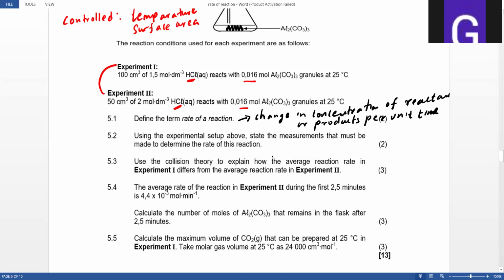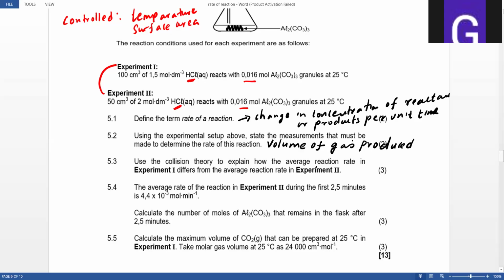Obviously, here we're going to look at the volume of gas produced, or the change in volume of gas produced. So this is the method that was used here.